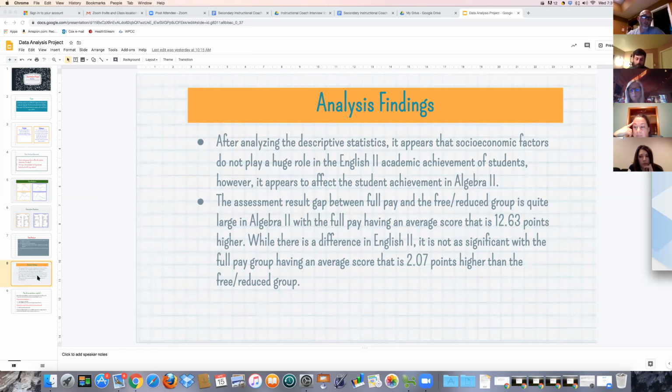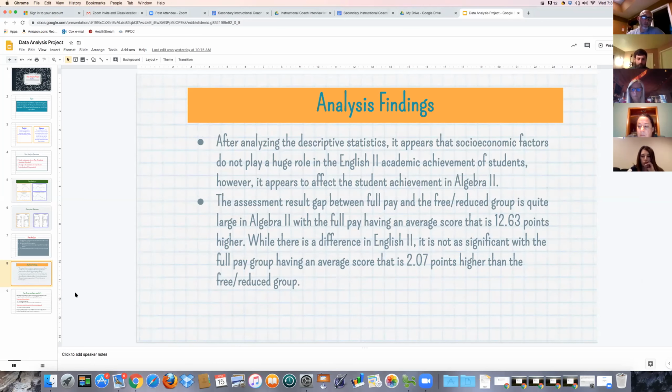I'm not sure why that is. That would need further study. The assessment result gap between the full pay and free and reduced is quite large in Algebra 2, almost 13 points higher. And there is a difference in English 2, but it's not as significant.